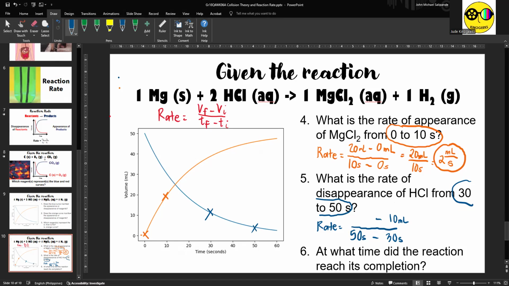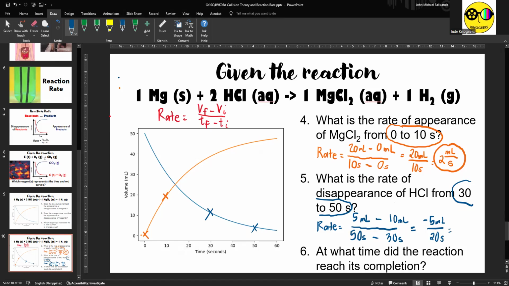And earlier in class, we decided that it's 5 ml. No? So you have 5 ml minus 10 ml, that's negative 5 ml. Divided by 50 seconds minus 30 seconds, that's 20 seconds. Okay? So, this is negative 1/4 milliliters per second.